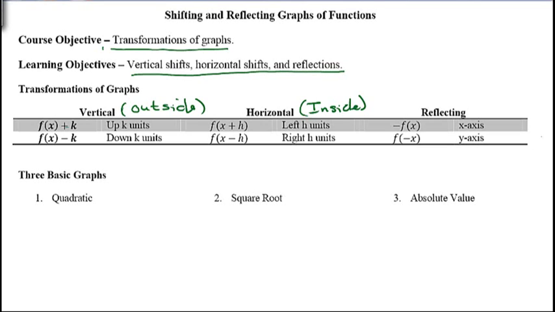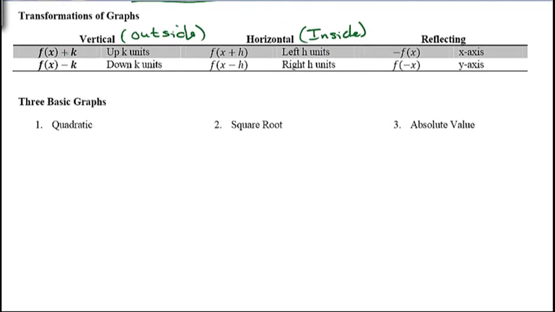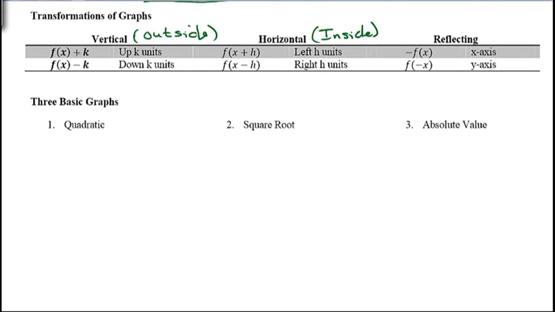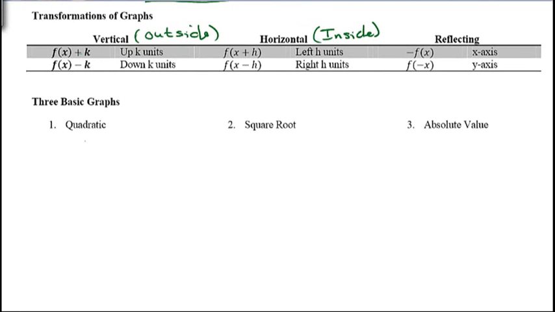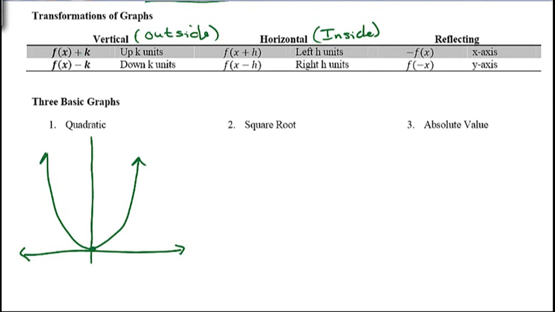There are three graphs that we're going to be doing these transformations on. The first one is the quadratic graph, and it basically looks like a big capital U. So this is how this graph looks, and the domain for this graph is always going to be -infinity to infinity.